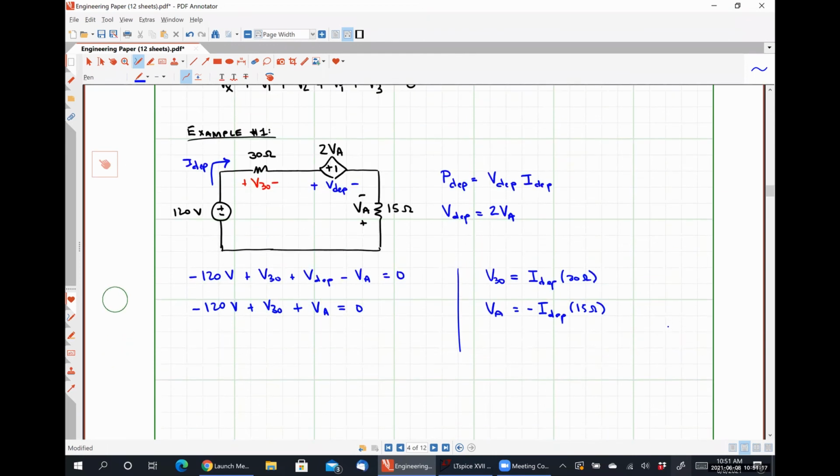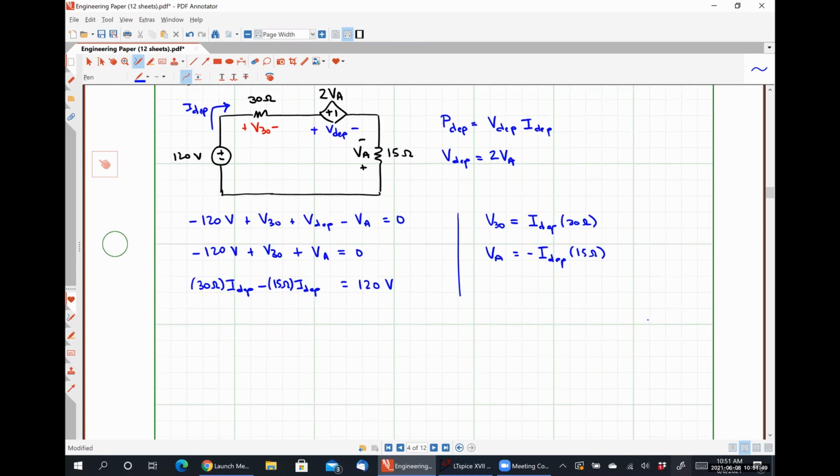So if we substitute both of these relationships in, I'm going to rearrange slightly by putting the 120 volts on its own on the right-hand side here. So I have V30, which is 30 ohms times I dependent, plus VA, where VA is negative 15 ohms times I dependent.